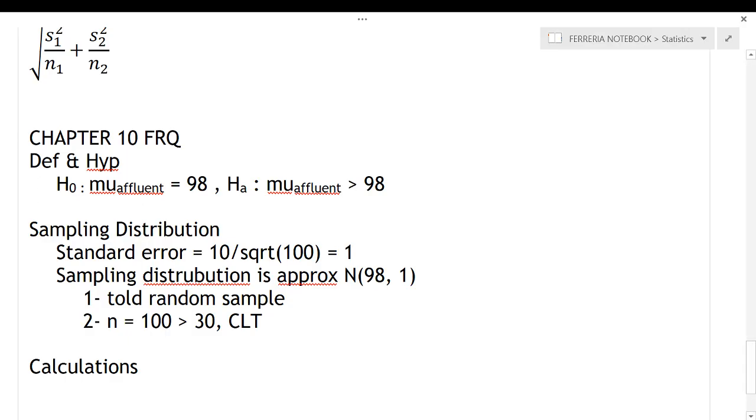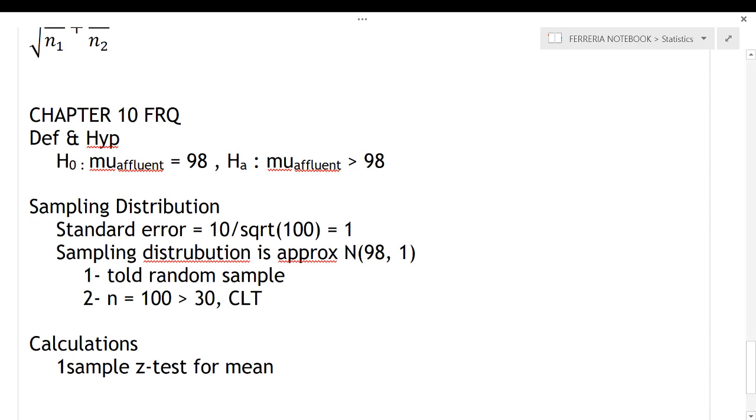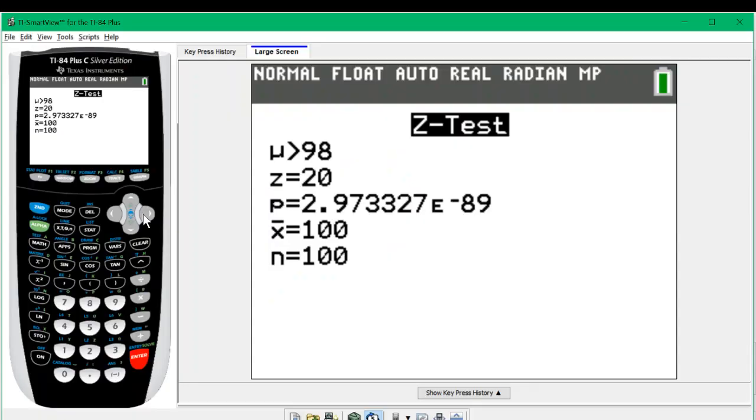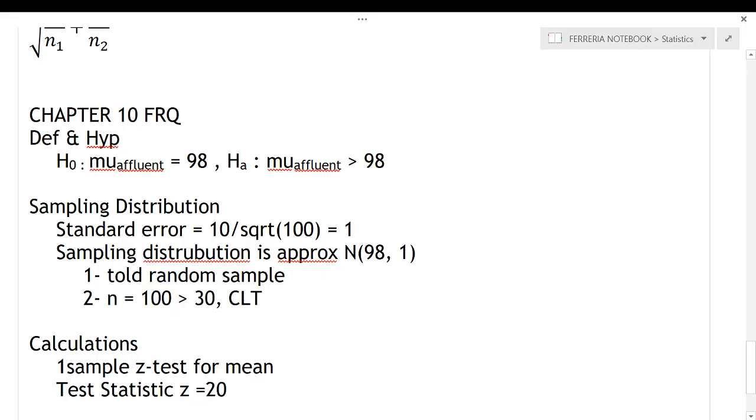Okay, so we have a 1 sample Z-test for mean. We have the test statistic Z equals 20.